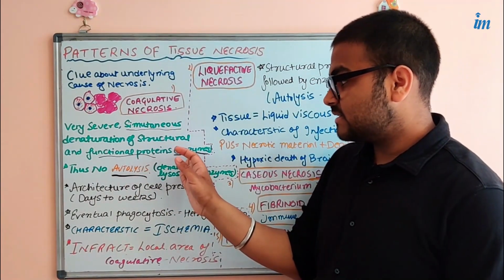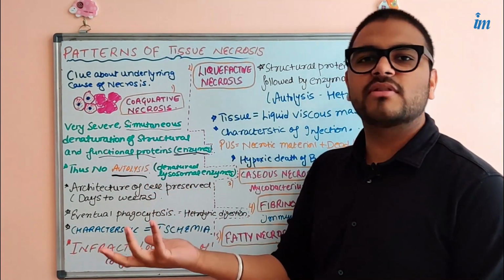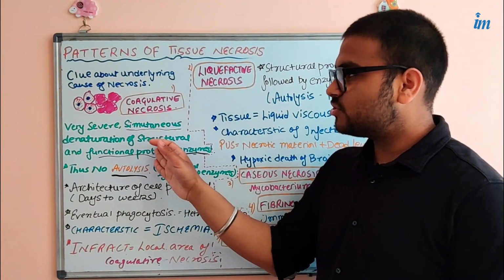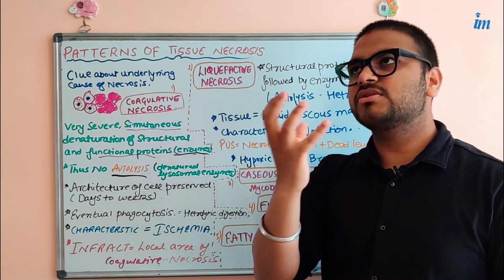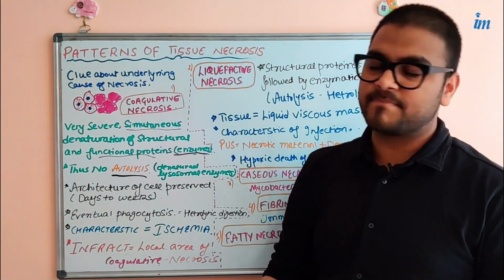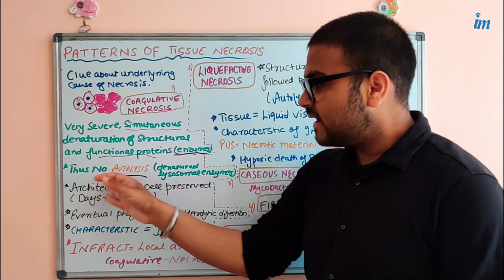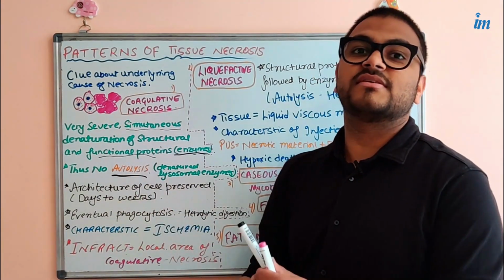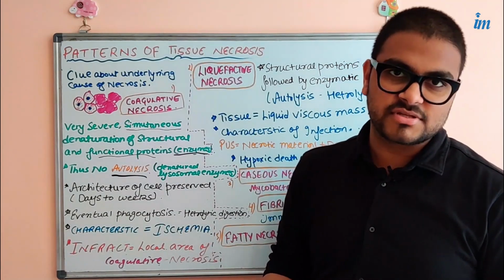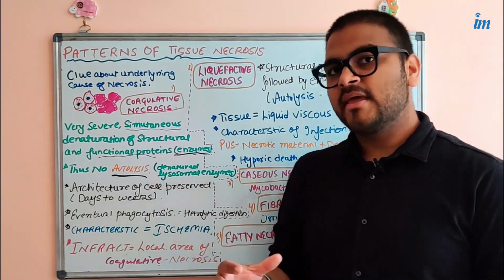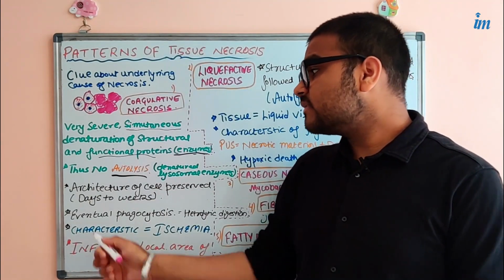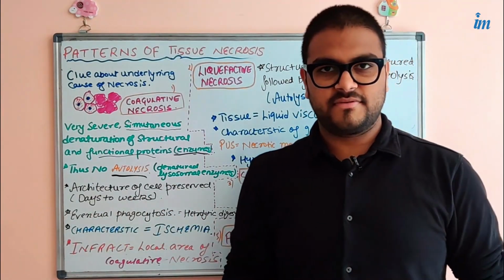But here these enzymes, the lysosomal enzymes, were neutralized, they were denatured. Also the structural proteins of the cell denatured at the same time. So there won't be any autolysis, that is, no digestion of the cell by its own lysosomal enzymes. So what you are going to see in coagulative necrosis is that the architecture of the cell is preserved.